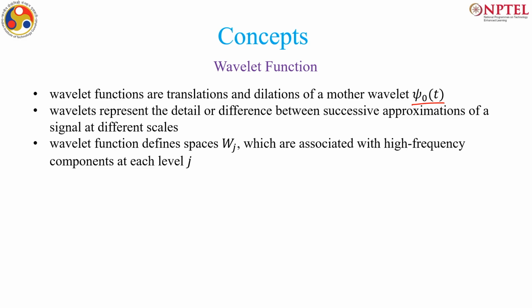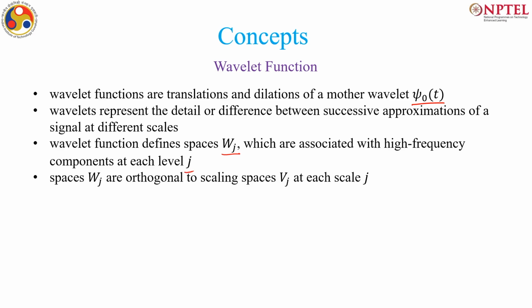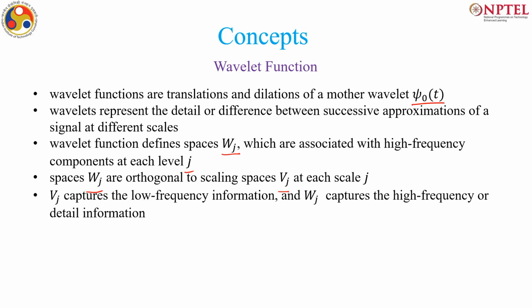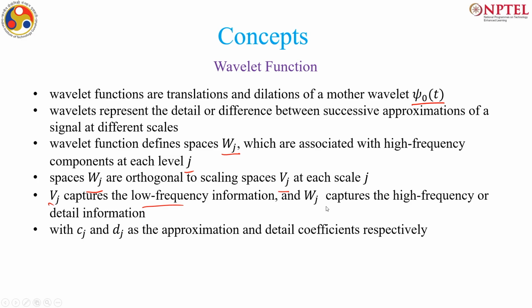Now, like our scaling functions form the space Vj, our wavelet functions will define the spaces Wj, which are associated with high frequencies at level j. And one interesting fact is that our Wj spaces and our scaling function spaces Vj will be orthogonal spaces. And this is what I told. So, Vj's will capture the low frequency and Wj will capture the high frequencies.